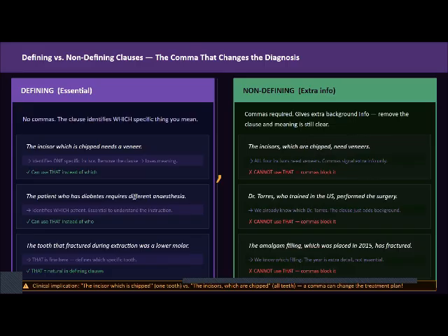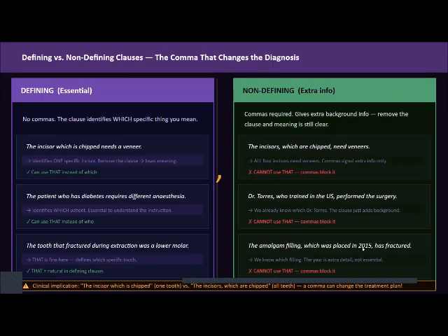All right? Karina. Dr. Torres, who trained in the US, performed the surgery. All right? And the amalgam filling, which was placed in 2015. Be careful.